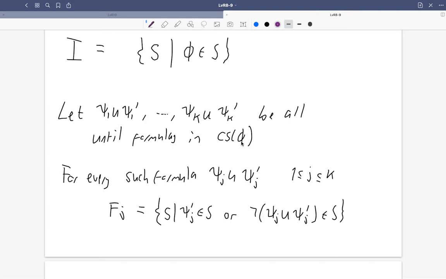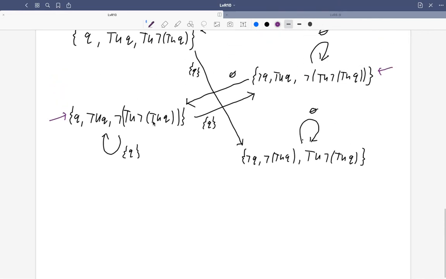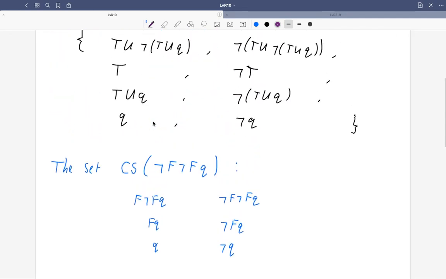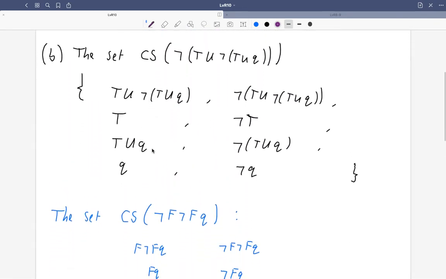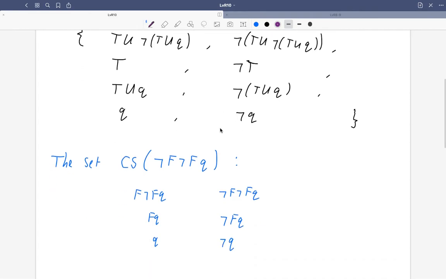In our case, we've got two until formulas. If we go to our complemented subformulas, our two until formulas are this one and this one. So we're going to have accepting states for the large until and for the small until. We're going to have two sets of accepting states.